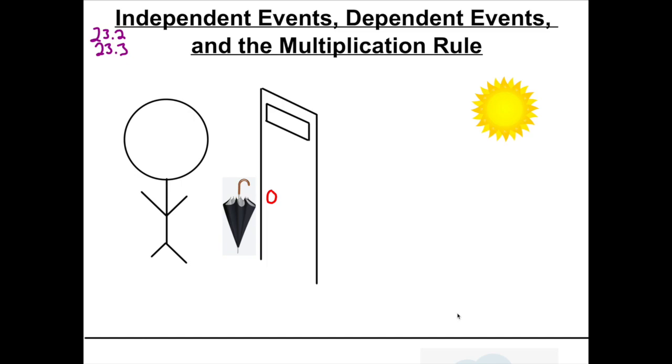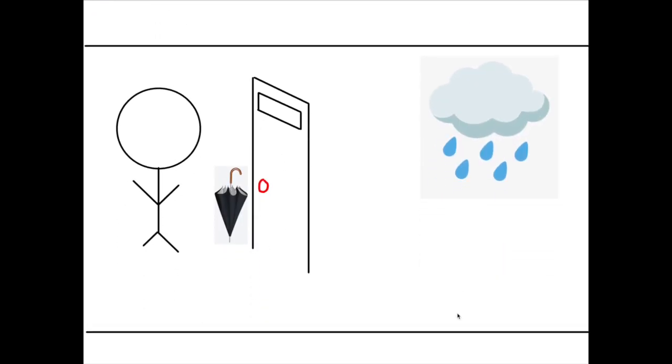Let me give you another scenario. Let's say that I'm in the same position, except now I see that it's raining outside. Well, now the probability that I'm going to take my umbrella with me is going to be a lot higher. This is meant to be really oversimplified, just to give you a surface level example.